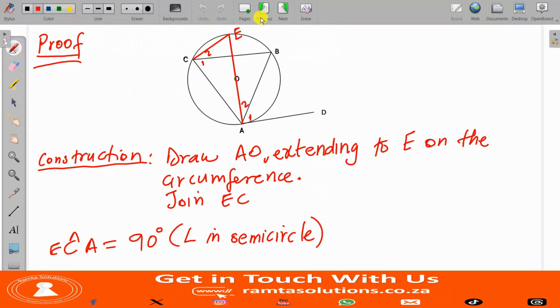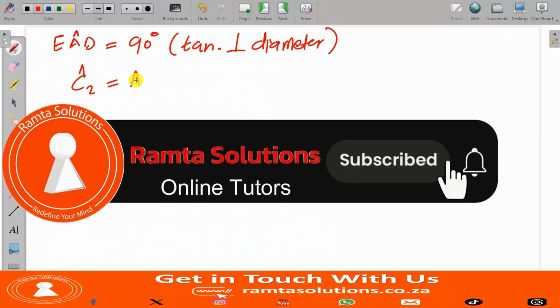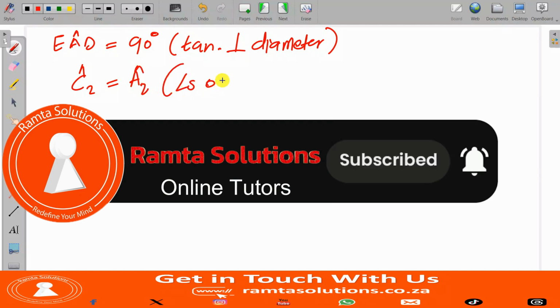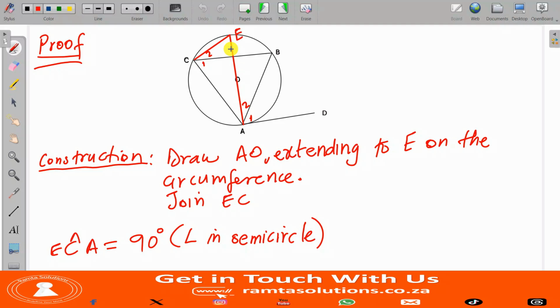Now, I do see here, I can say angle C2 is equal to angle A2. I have seen something like that. Why? These are angles on same segment.